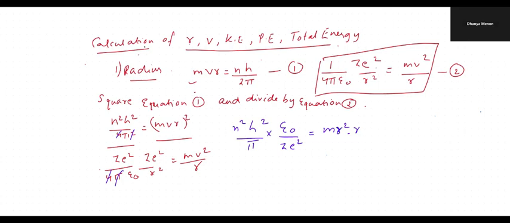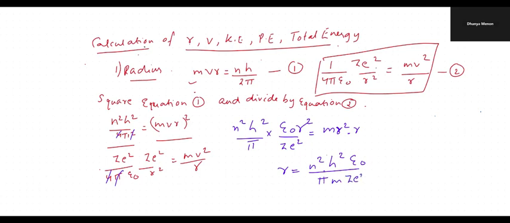Okay, so here also I have a few things which I can cancel. Okay, there are few common things again which I can cancel. For example, this r square and this r square I can cancel, right? So after all those, the simplified version is r is equal to n square h square epsilon naught by pi m ZE square.